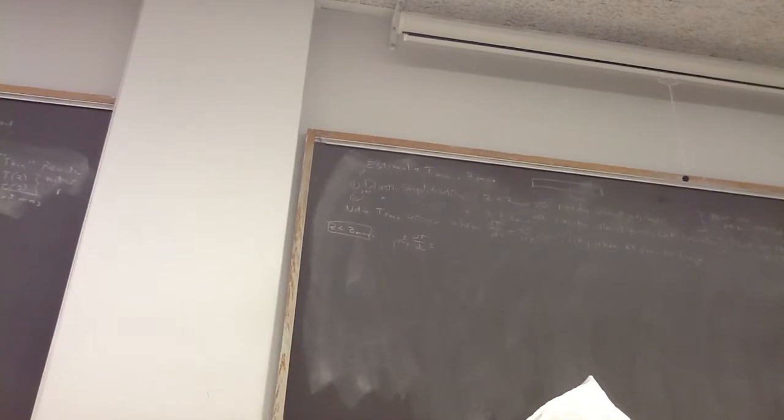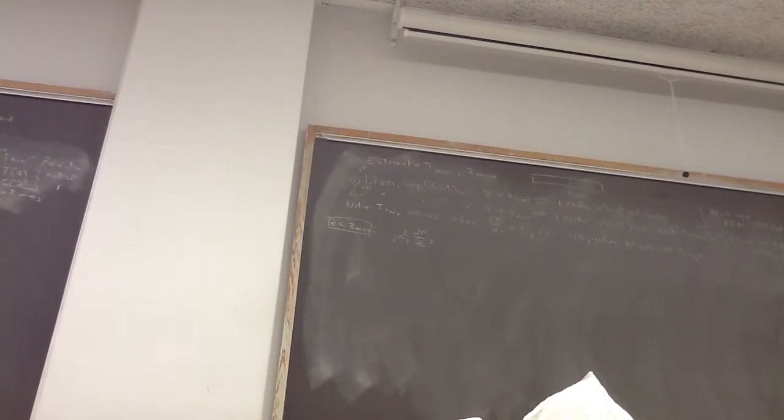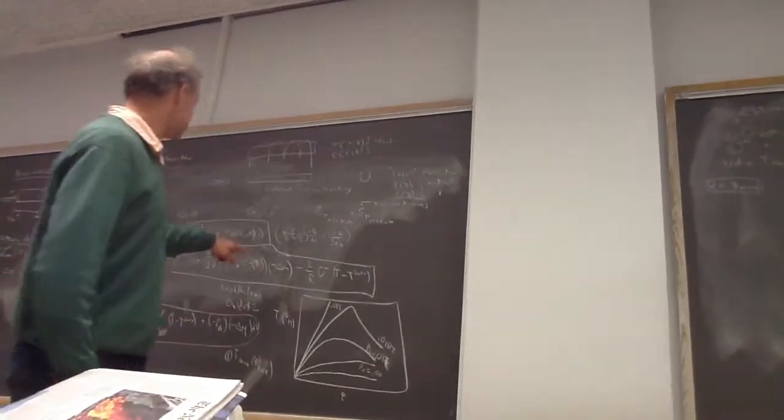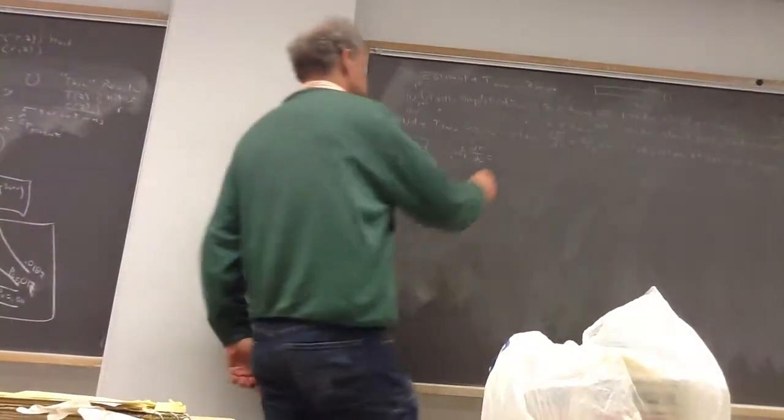And when I divide this by this, I just get a minus delta H. A minus delta H is a plus delta H. Hopefully I didn't screw up the sign.